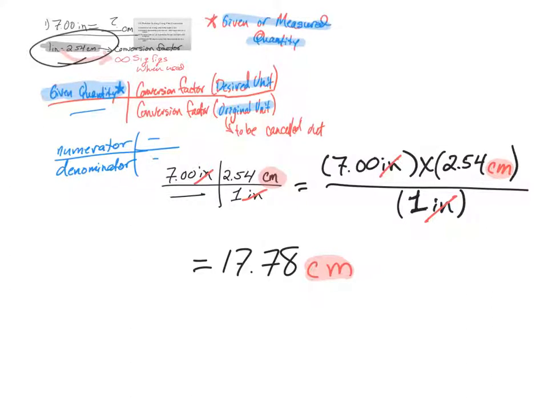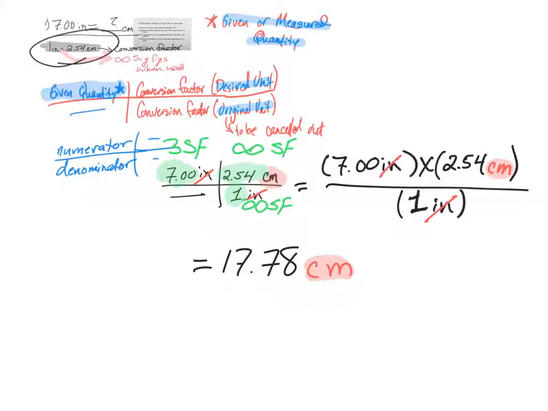All right, now the next thing to consider is significant figures. When you look at the numbers that you were given, we have 7 inches with 1 significant figure, and we've got 2.54 centimeters, which has infinity significant figures, and we've also got 1, which also has infinity significant figures.